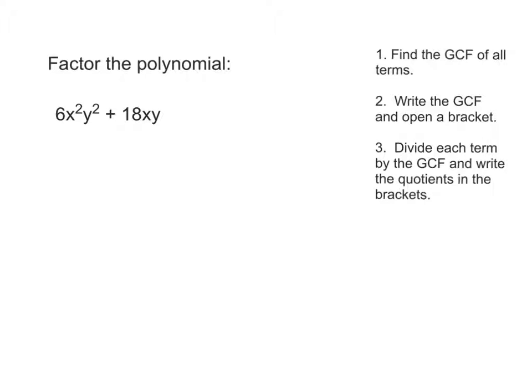So now what we want to do with that is factor this polynomial. 6x squared y squared plus 18xy. And if you look over there on the right, the first step is find the greatest common factor of all the terms in the polynomial.